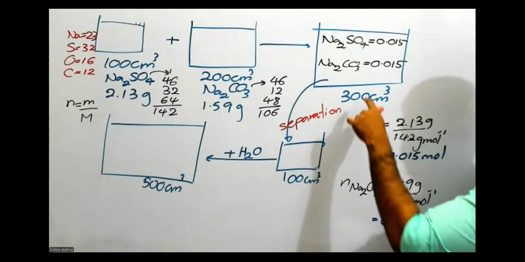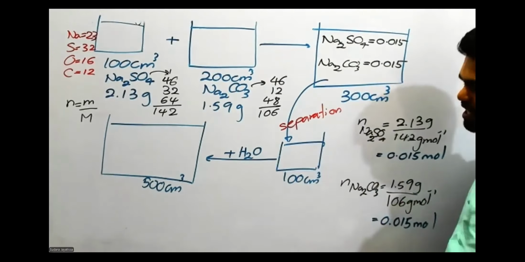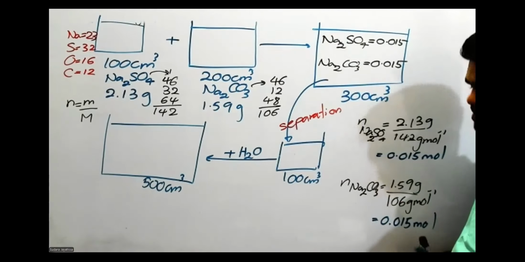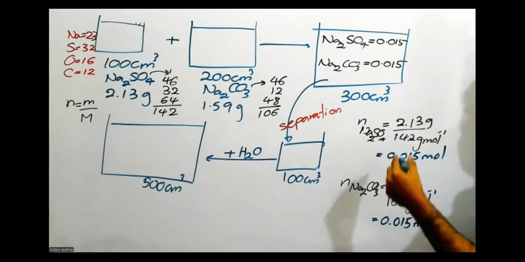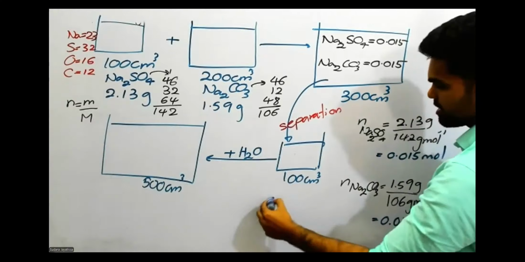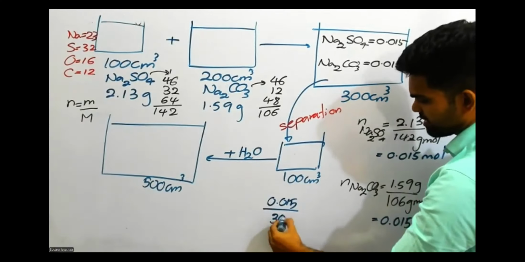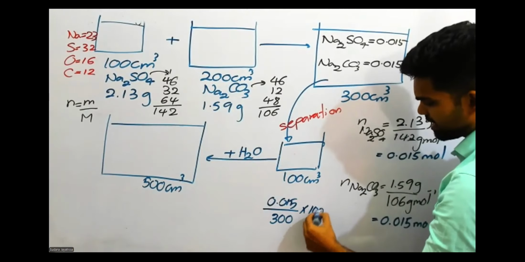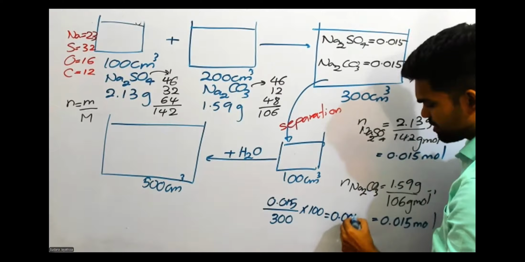So now here you have 0.015 in 300, but how much will be there in 100? That's what you need to understand. So it's very simple to do. 0.015 was there in 300. So how much will be there in 100? So you have to simply divide by 3, no? So 0.005.